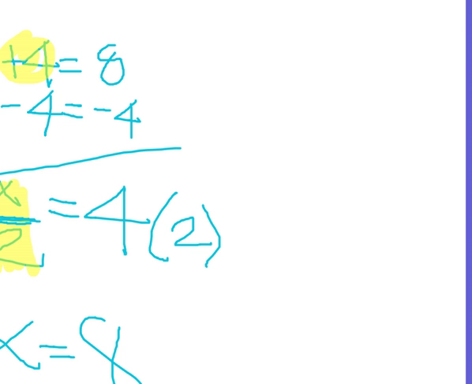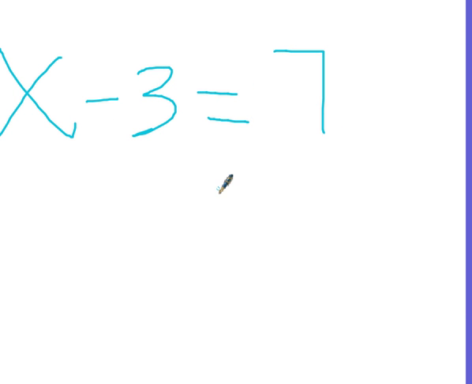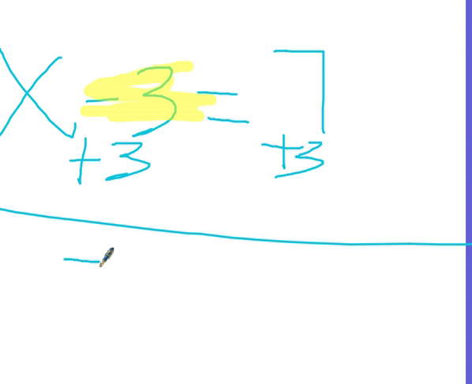I'm going to clear this and do one more. Negative x minus 3 equals 7. My first step is that I see subtraction here, and therefore I'm going to add on both sides of the equal sign. Negative x equals 10.